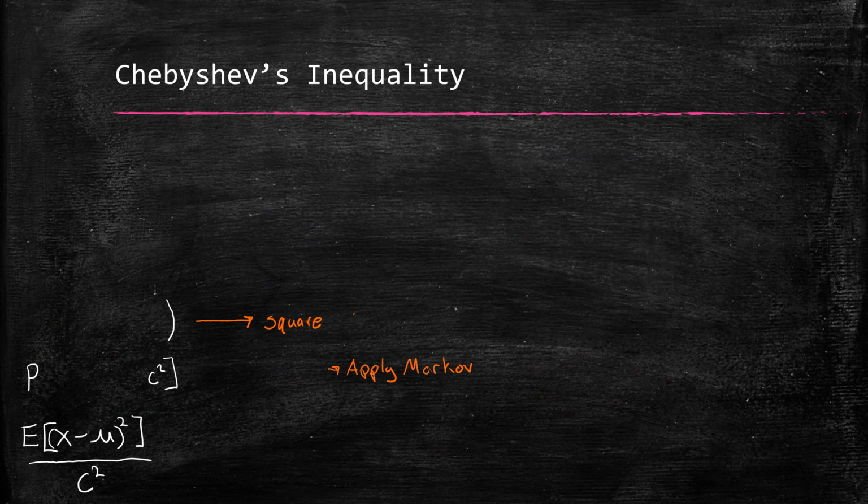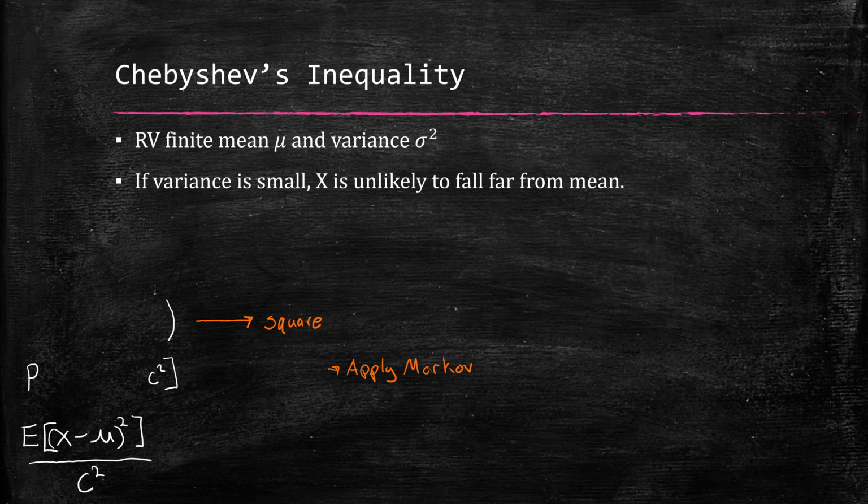All right, moving right along, we're going to focus on Chebyshev's inequality. Chebyshev's inequality focuses on random variables with finite mean mu and variance sigma squared. It's a little bit different because it focuses on the variance. It says if the variance is small, x is unlikely to fall far from the mean.